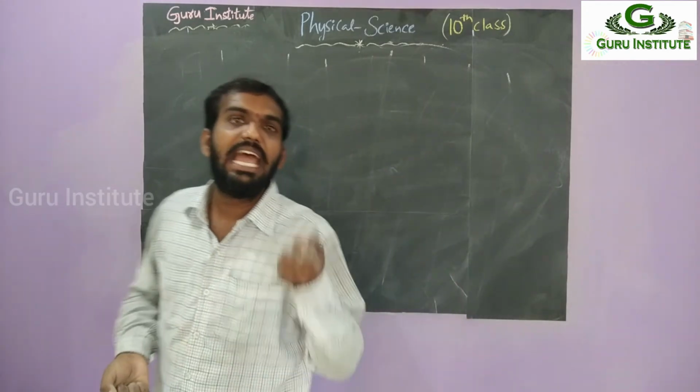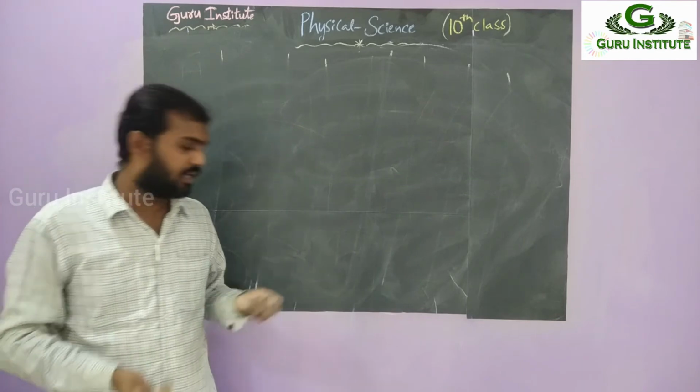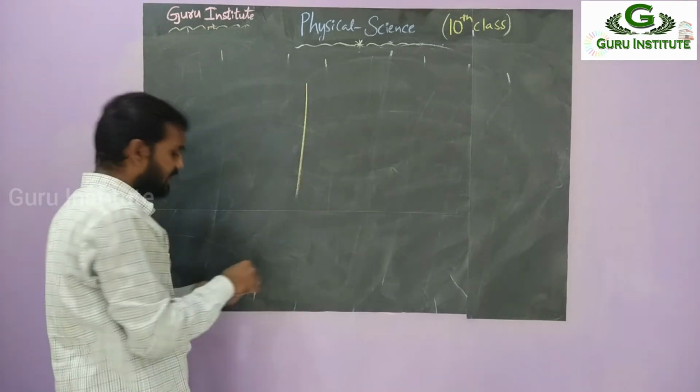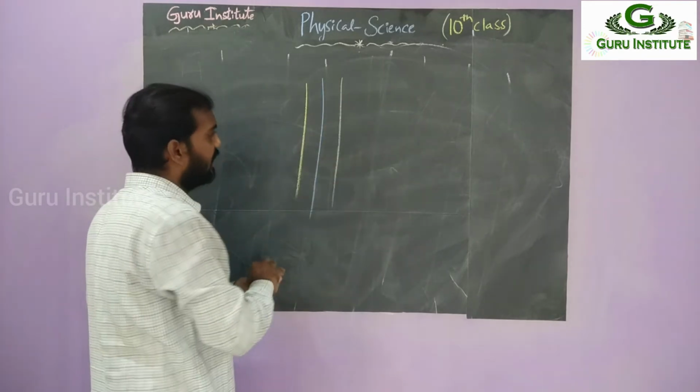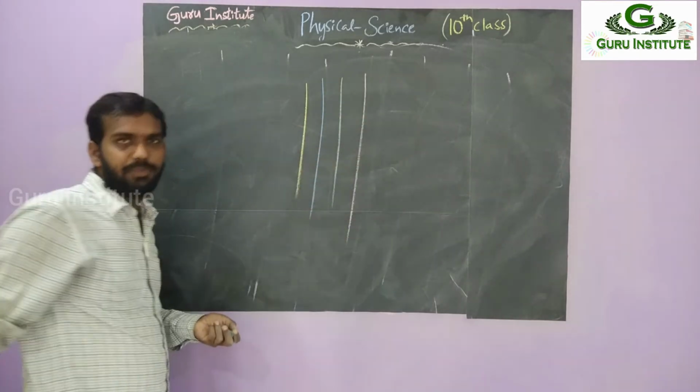That is called a line spectrum. They emit like lines of different colors. These are different atoms, and they emit like lines. So this is called a line spectrum.